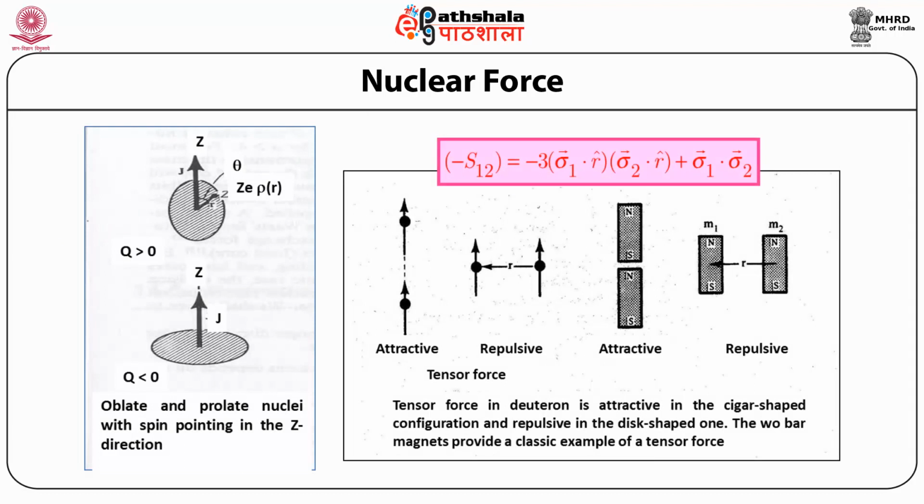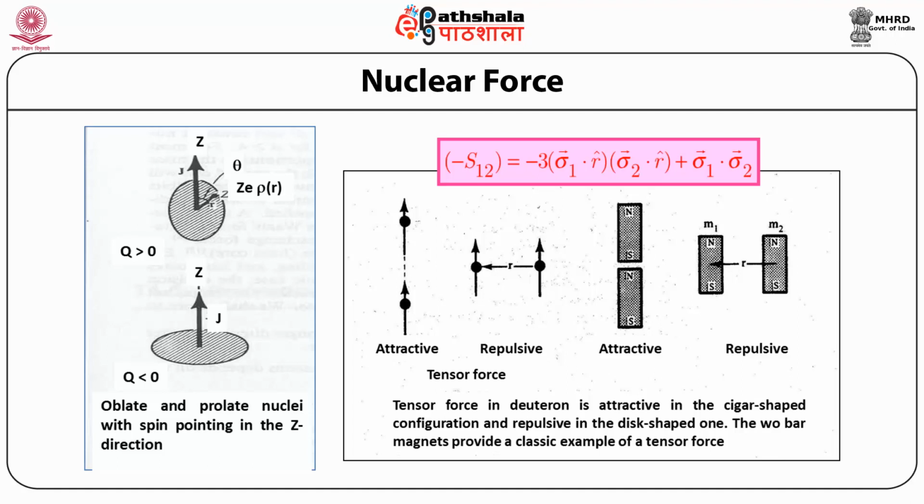Nuclear force. In this slide also we are going to continue our discussion about the various properties of nuclear force. Presently we are discussing the non-central component in the nuclear force, which is called the tensor force.